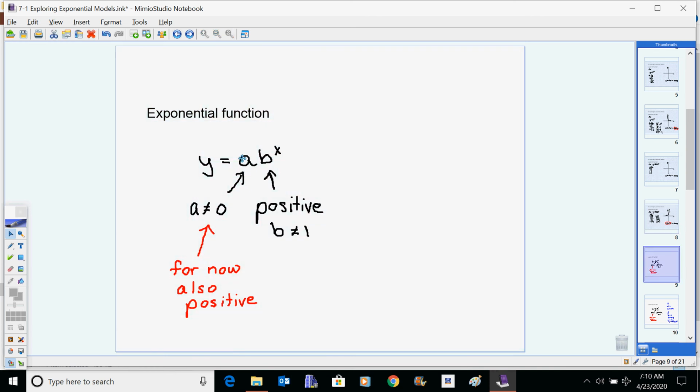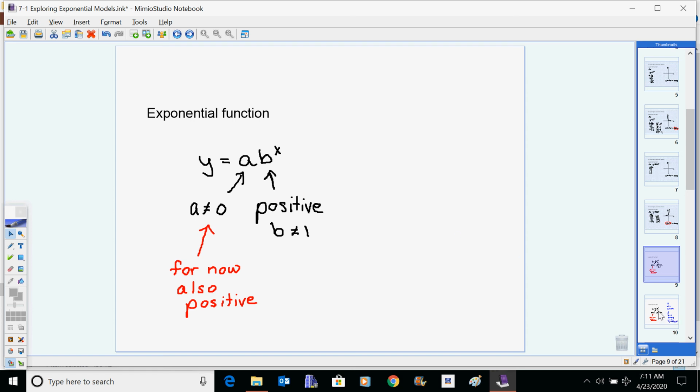As long as a doesn't equal 0, and for now we're going to also just say that as long as a is positive, okay? And as long as b is also positive, and we have an exponential function, we have some rules, some things that are going to happen.